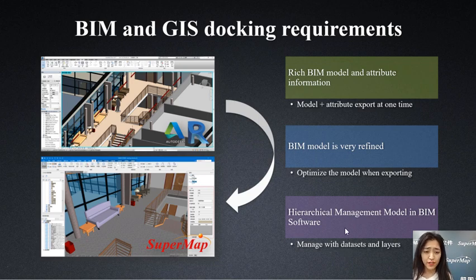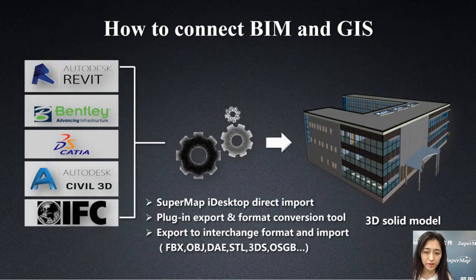If we want to do some applications like hierarchical management in the BIM software, we can do this application. There are many BIM software in China and abroad, but the file formats are different.